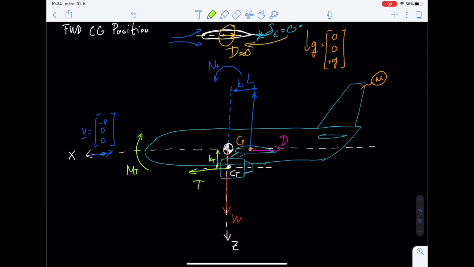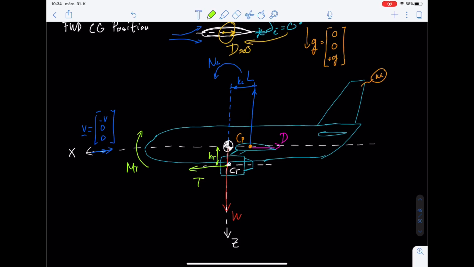However, if you were to move the center of pressure more aft, because your arm got longer, this moment generated by the lift is going to get larger, and you can only give the engines a given amount of thrust, right?